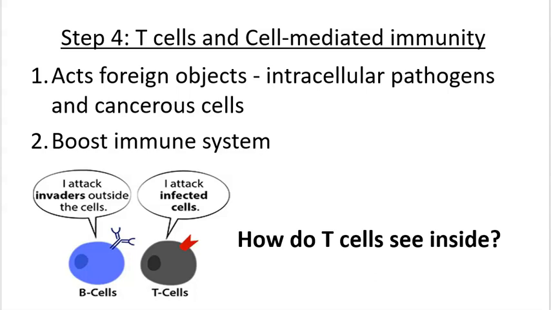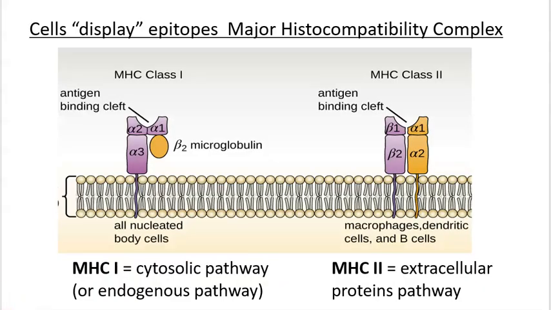And that's where we see something that's really kind of interesting, that is known as the ability of these cells to display particular epitopes from the inside. So they're going to take foreign molecules and cut off chunks of them and then stick them onto something that is known as MHC, for major histocompatibility complex.